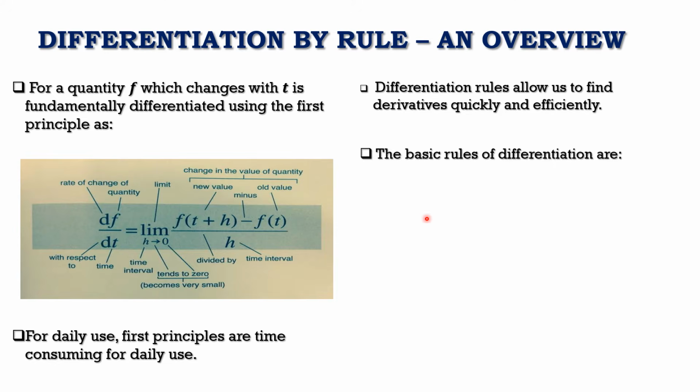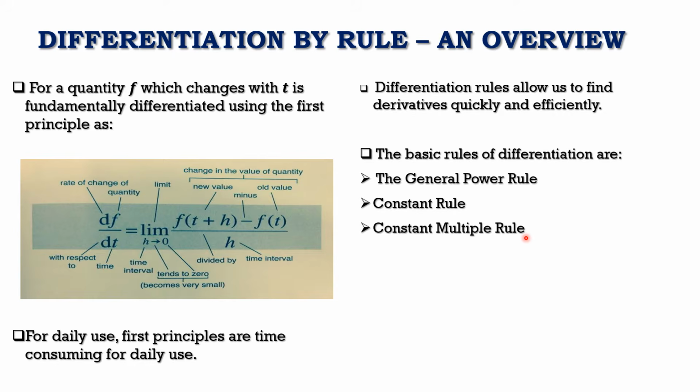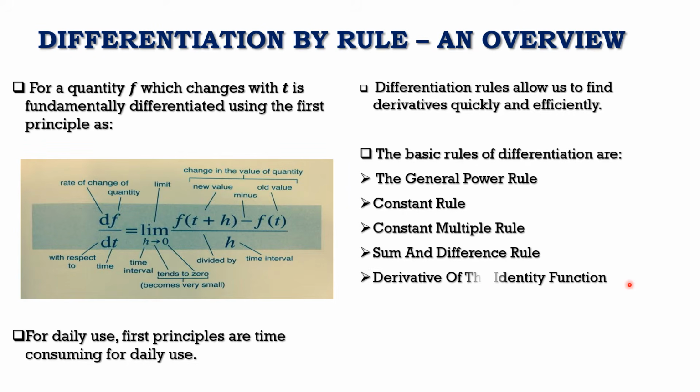So here, the basic rules of differentiation that we need to understand are: number one, the general power rule. Then the next one that we are going to study is the constant rule. Then we also have to understand the constant multiple rule. Then we also have to get to know the sum and the difference rule.